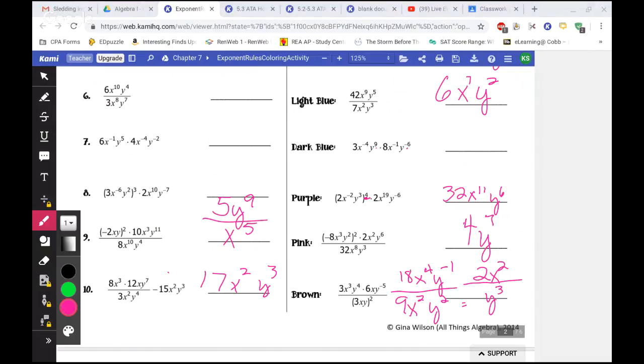On dark blue, would you multiply or add the 8 and the 3? Multiply. With integers, remember, you're going to handle integers just like you've always handled them with regard to the multiplication and the division. The only thing that changes is the exponents.